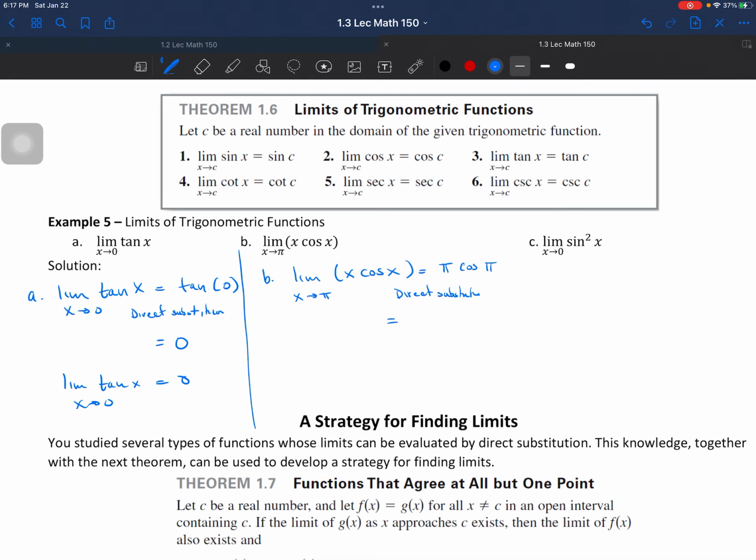And this will give us pi, and cosine of pi happens to be -1. And so we end up getting negative pi. So the limit of x times cosine of x as x goes to pi is negative pi. All right, and so that looks good. The next one, again, we'll apply the direct substitution. We're going to start always with that.